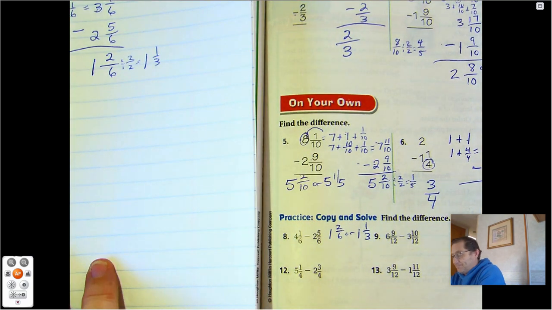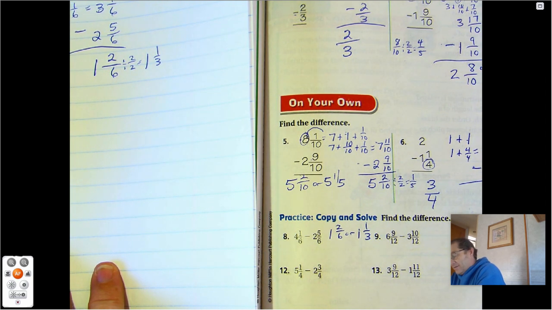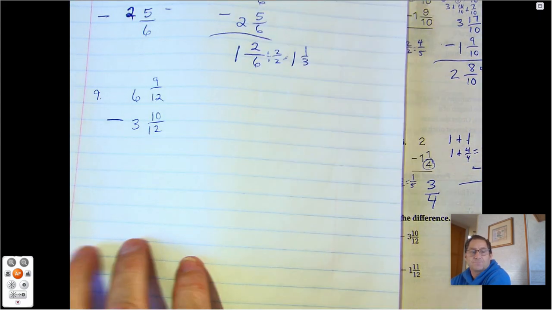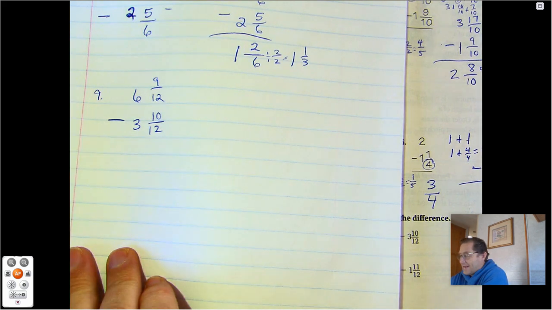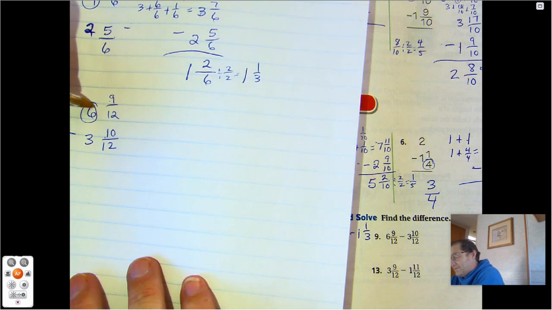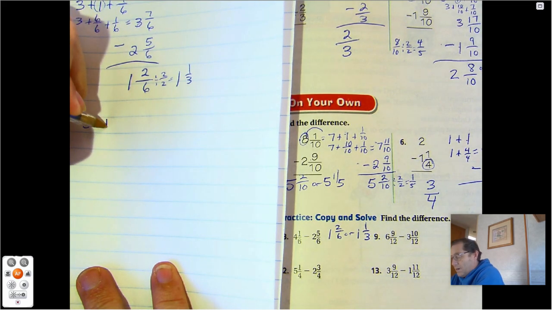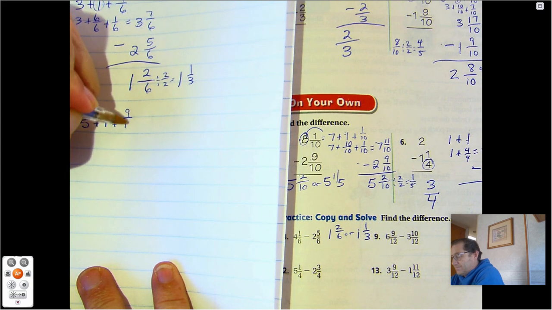Number 9. 6 and 9/12 minus 3 and 10/12. I can't take 10/12 from 9/12. So I'm going to rename the 6 as 5 plus 1 plus 9/12.